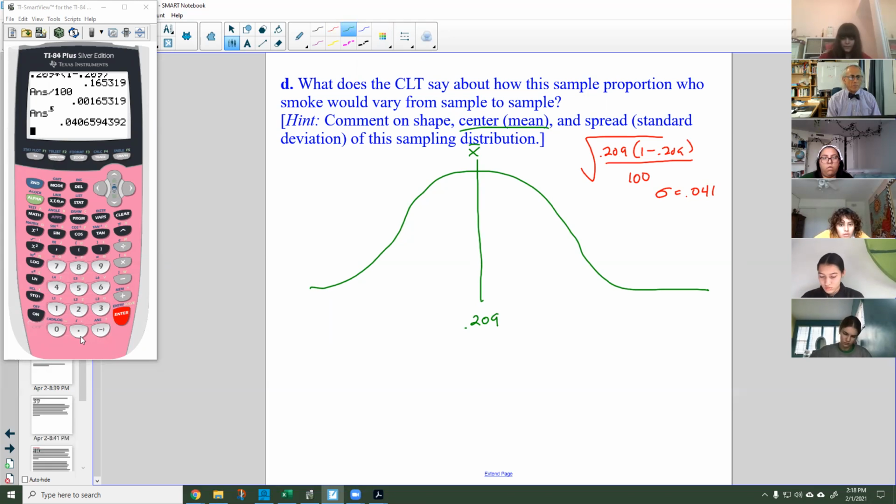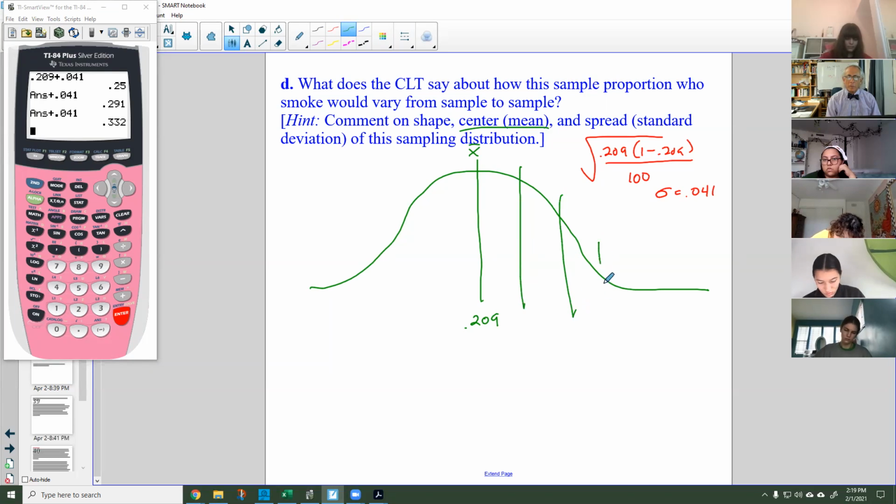So let's go 0.209 plus 0.041 plus 0.041 plus 0.041. And I'm going to get my different markings on this. So I have 0.250, 0.291, and 0.332.